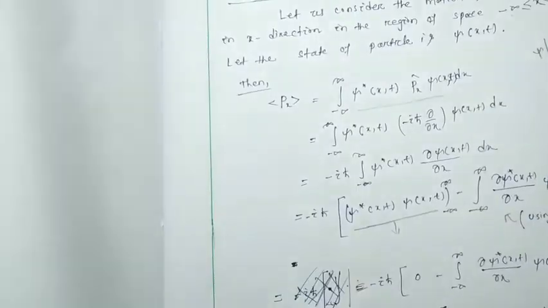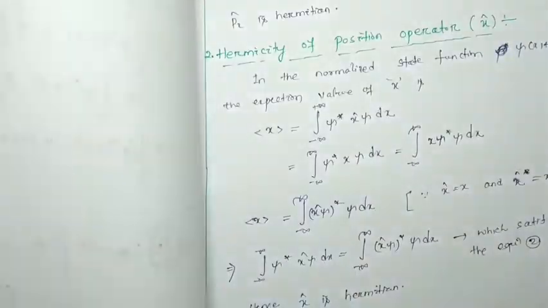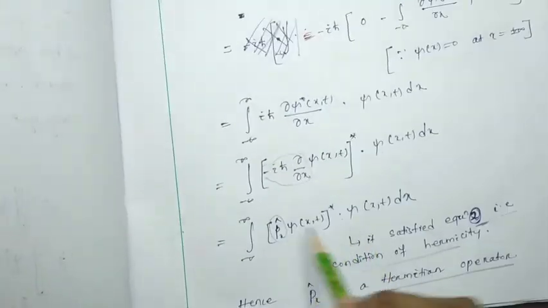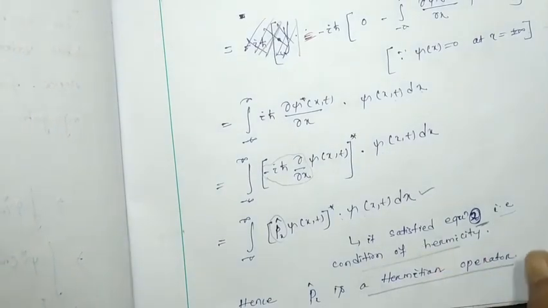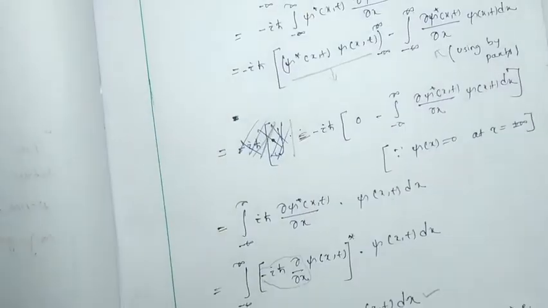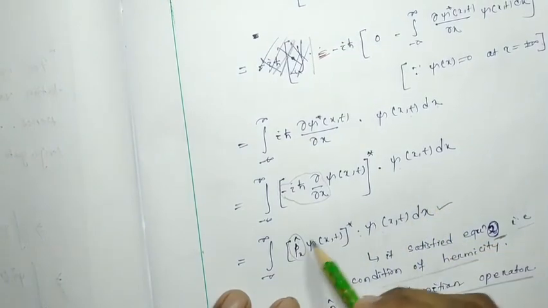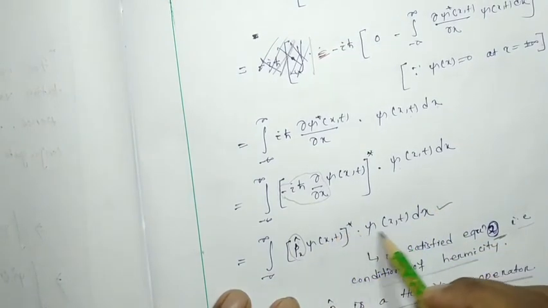Now, another condition, equation number 1: is it satisfied or not? The above equation can also be written as this. See what I am going to do: I am going to take the whole star. This is a complex conjugate; this is real.